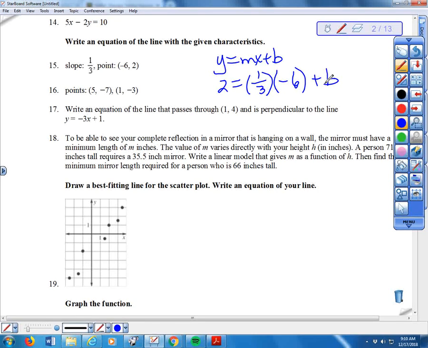So I have to solve for b. So I have 2 equals negative 2 plus b. So b is 4. So the equation of my line is y equals 1/3 x plus 4. Yeah, that makes sense.